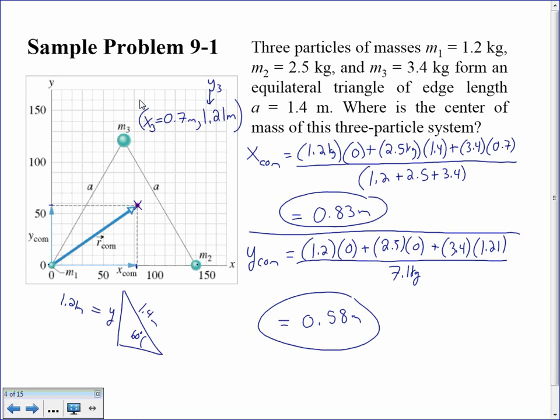And if we look at M3, M3 is slightly less than M1 and M2 added together. So that pulls the center of mass slightly below halfway. M3 was at a height of 1.21. This height is a little bit under half that at 0.58.